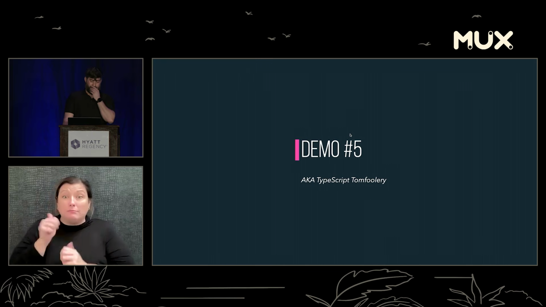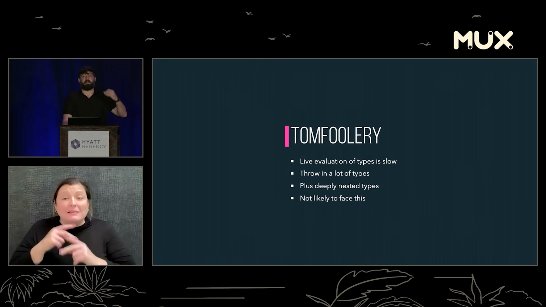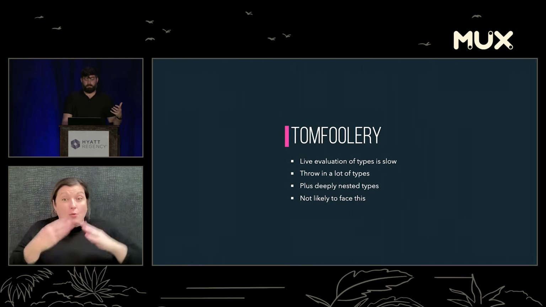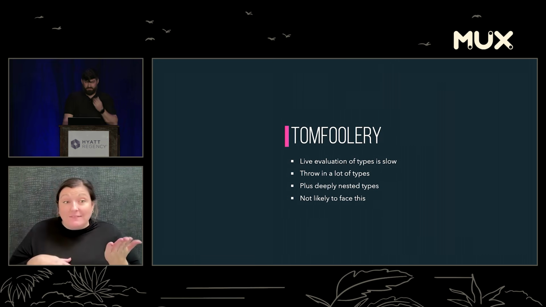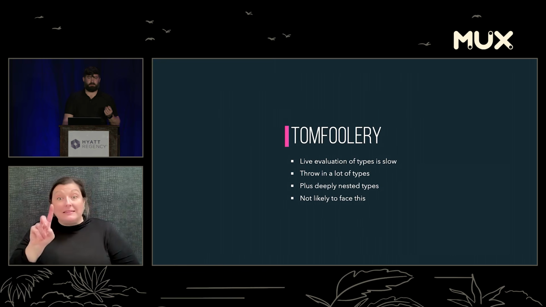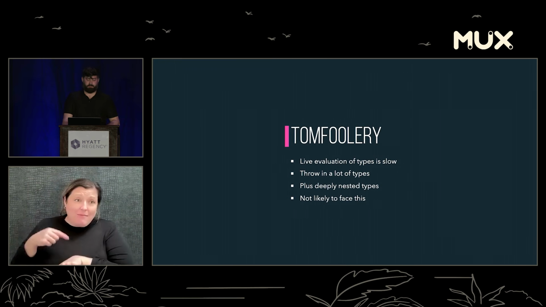Most people do not run into this problem. And it's because TypeScript is trying to live evaluate all of those files and generate all the types, which is expensive. If you are doing deeply nested types and doing all this tomfoolery, please don't. Your coworkers probably do not like you. And I can't blame them because this is just not a good developer experience.